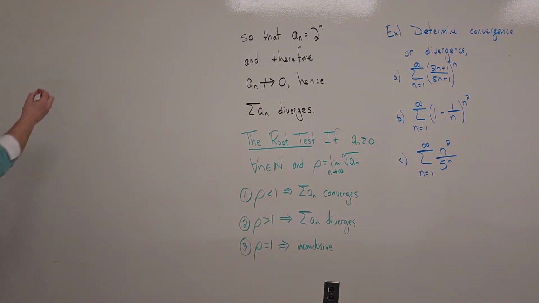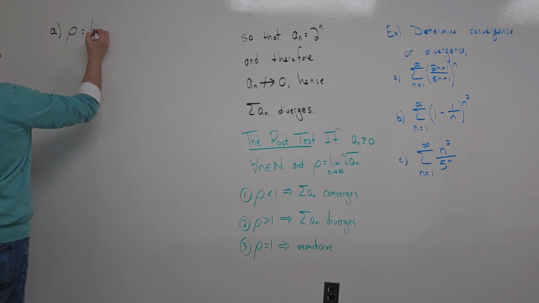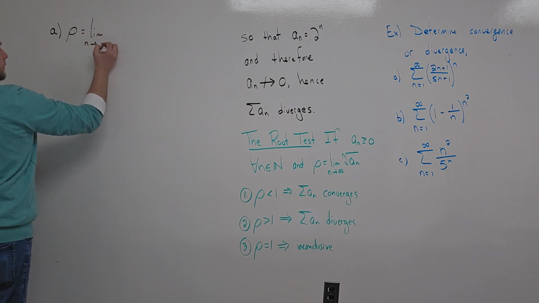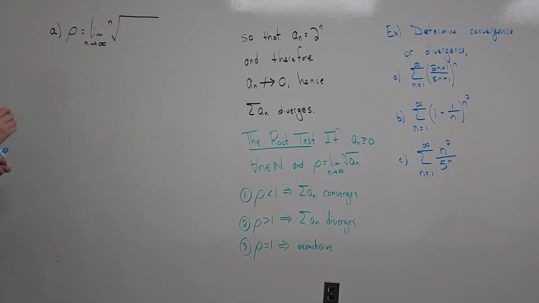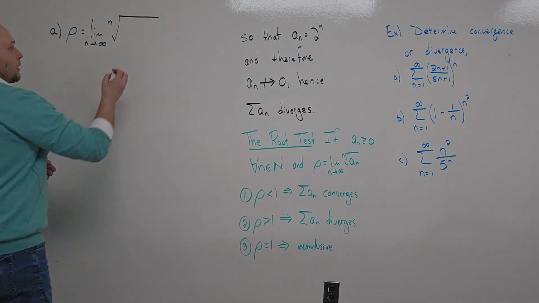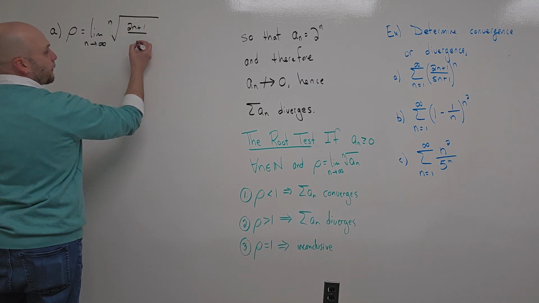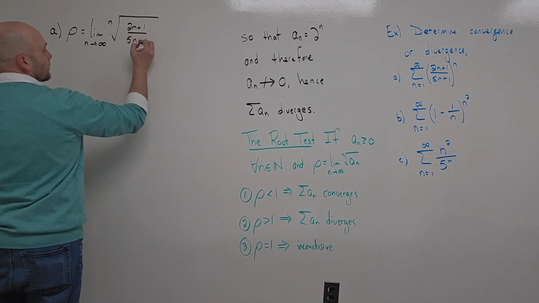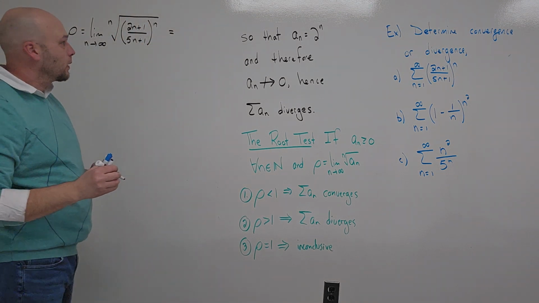Part A. So the value of rho is the limit at infinity of the nth root of the expression inside the summation, being (2n plus 1 over 5n plus 1) to the nth power.